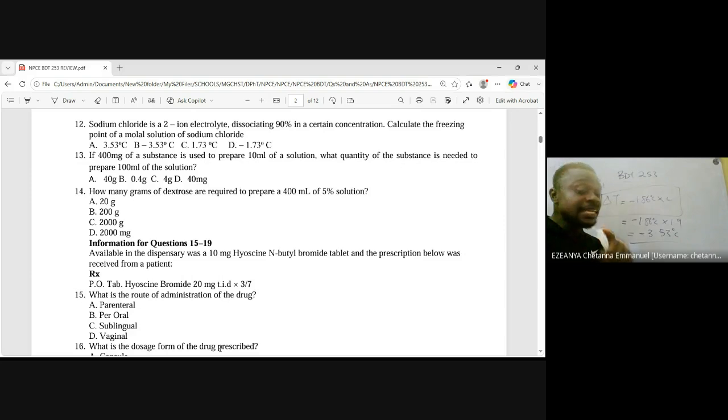Had it dissociated, maybe 80%, this would change. Do you know why? Dissociation yields more particles, so as the concentration changes, the freezing point will change, because freezing point change depends on the concentration of particles in that solution.